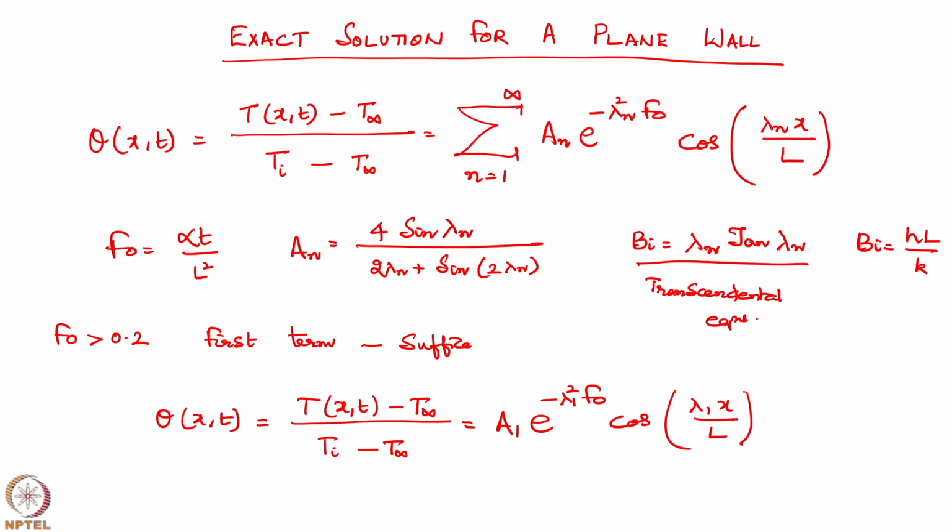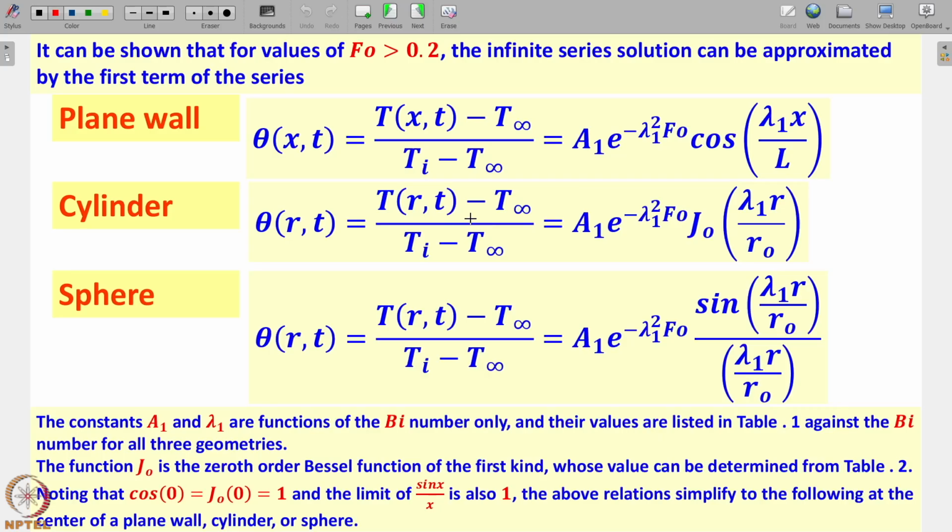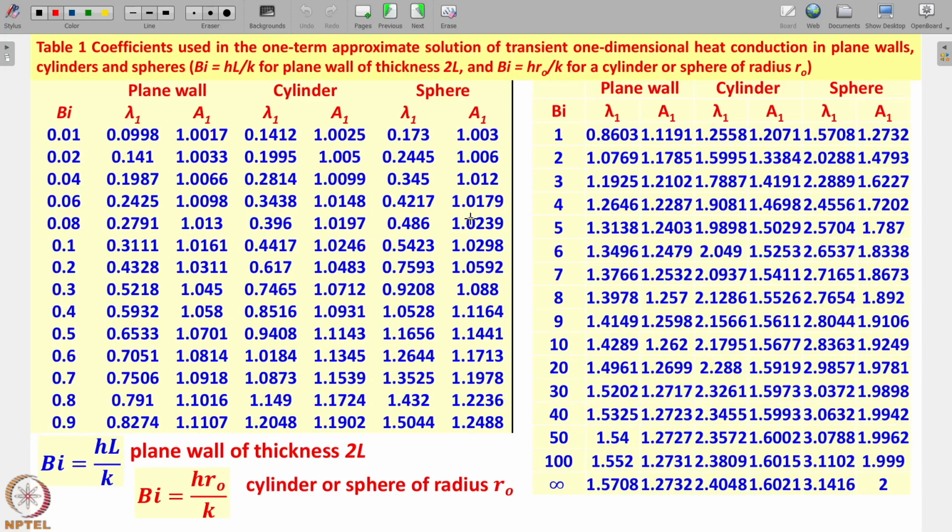Okay. So now incidentally there is a table, you do not want to calculate A1 also using this complicated equation. So we are giving you a table, wherein for a plane wall, for example you see here, this is the Biot number, and for a given Biot number, for getting only the one term series you can get lambda 1 and A1.